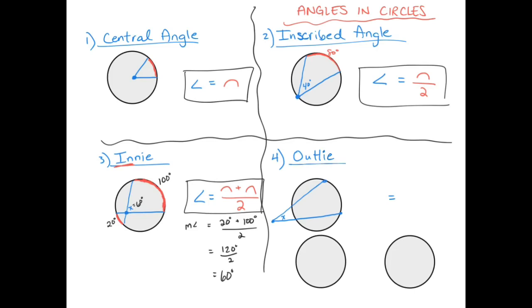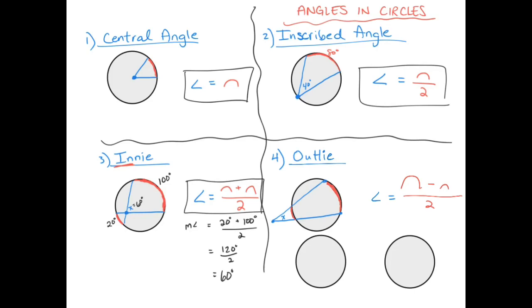Alright, so there's an example of an outie, and again, just like the innie, you're going to notice that two arcs were formed. A 1, a 2. So the difference between the innie and the outie, with the innie we added the two arcs together to find the angle. With the outie, we're going to subtract the two arcs. So we'll take the big arc and we'll subtract the little one and we'll divide it by 2.